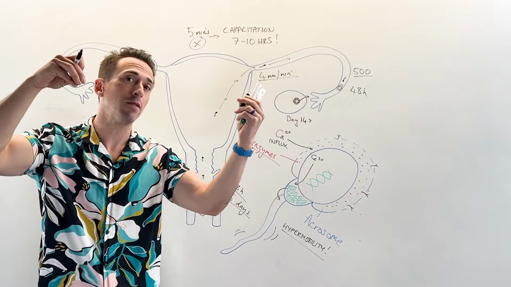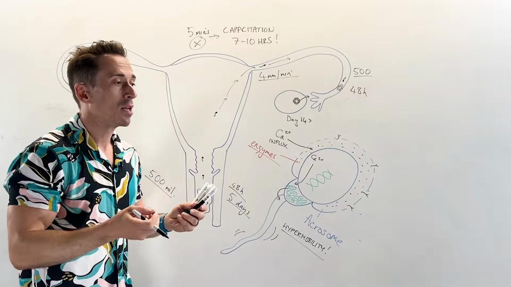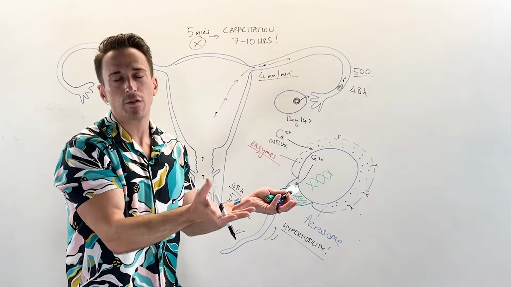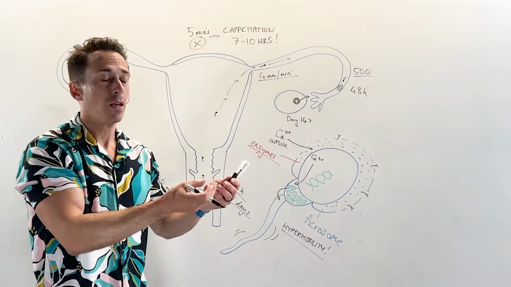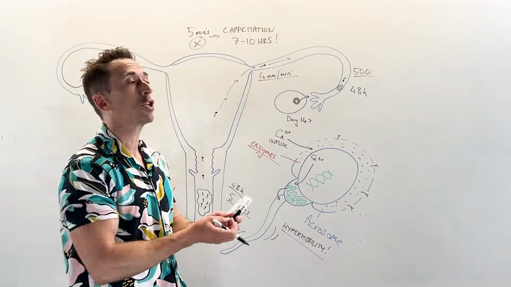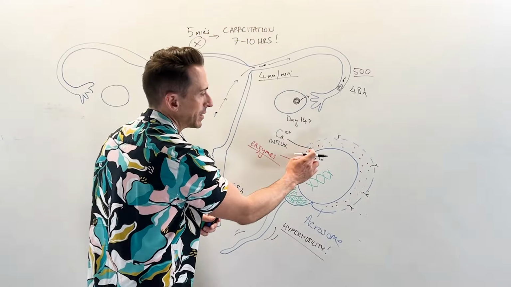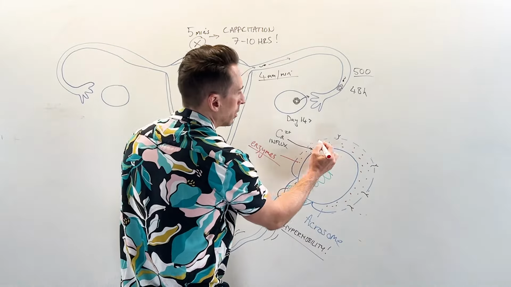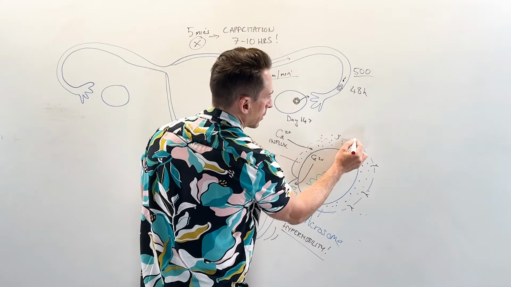And that calcium influx triggers exocytosis, the pushing out of substances. For the neuron, it's neurotransmitters, right? So calcium influx leads to the pushing out of substances. Same thing happens here. These enzymes that are present start to get released.